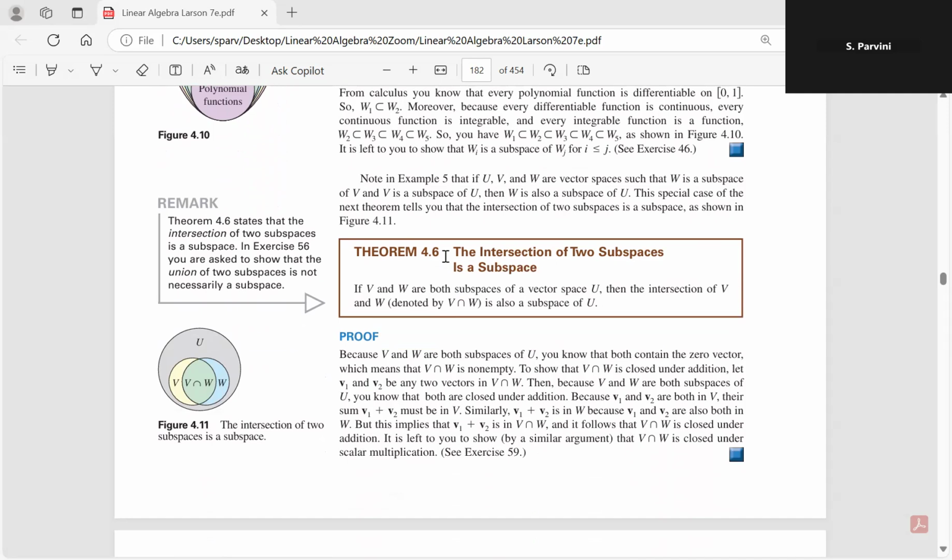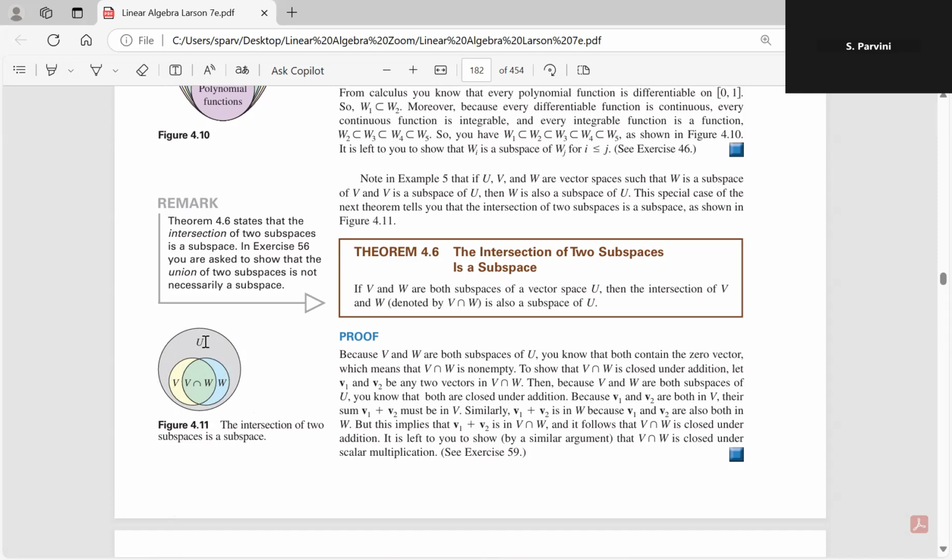The theorem says that the intersection of two subspaces, if V and W are both subspaces of vector space U, and remember here, U becomes the parent, because V and W are subspaces of it. So U is the parent, V and W are the children. So suppose you have two subspaces from U. The intersection of V and W, which is in the Venn diagram you see, is also a subspace. And there you have the Venn diagram for it.